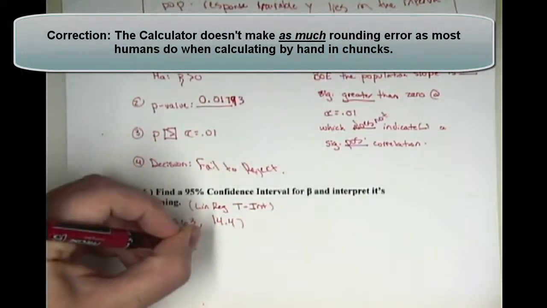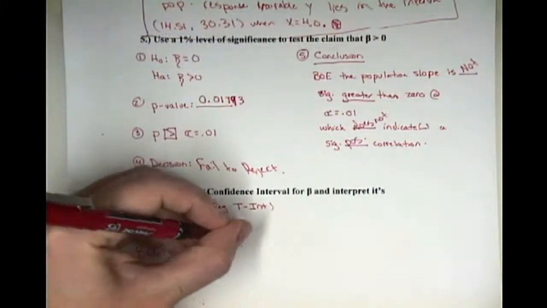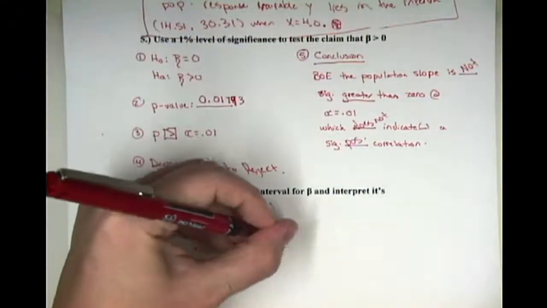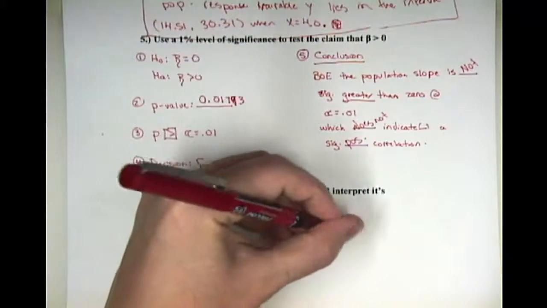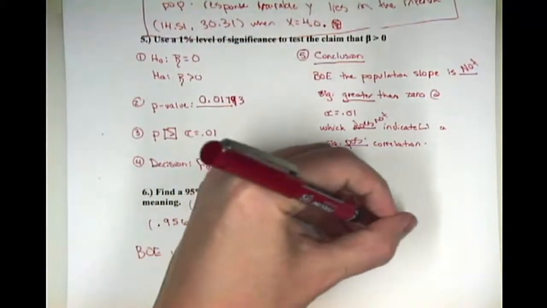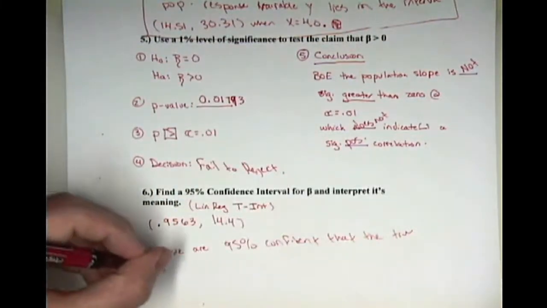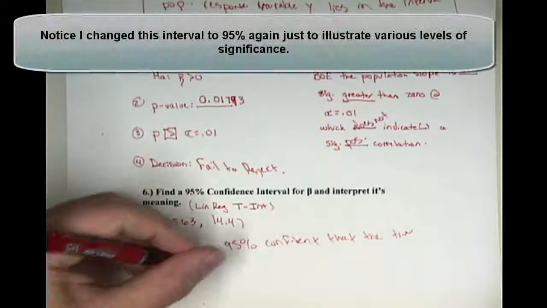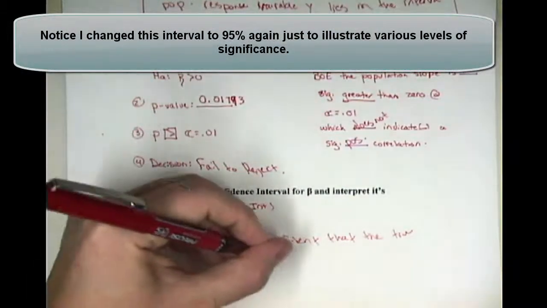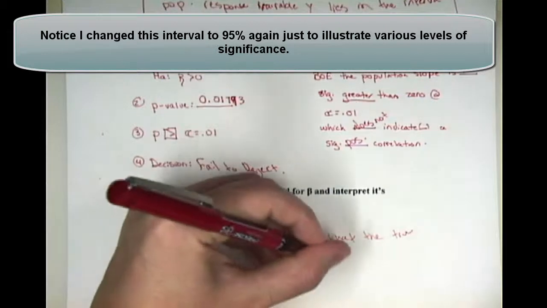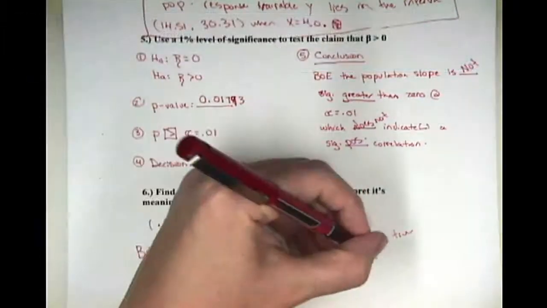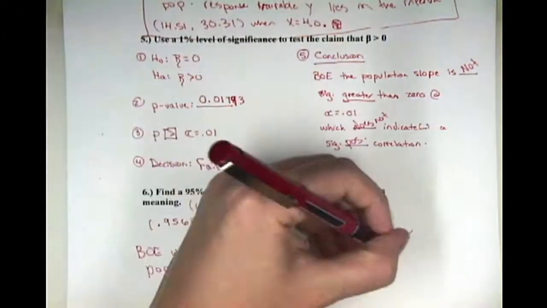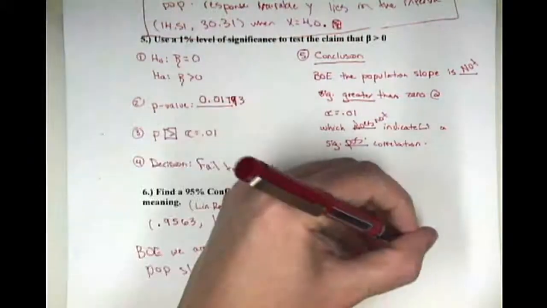We are 95% confident that the true population slope lies in the interval 0.9563 to 14.4.